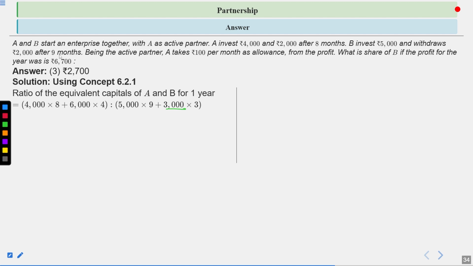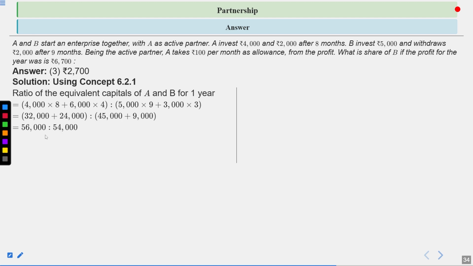In the same way, A invested 2,000 more, so for the remaining 4 months the investment is 6,000 rupees. So the ratio will become 32,000 plus 24,000, ratio 45,000 plus 9,000. So we get the ratio 56,000 to 54,000.